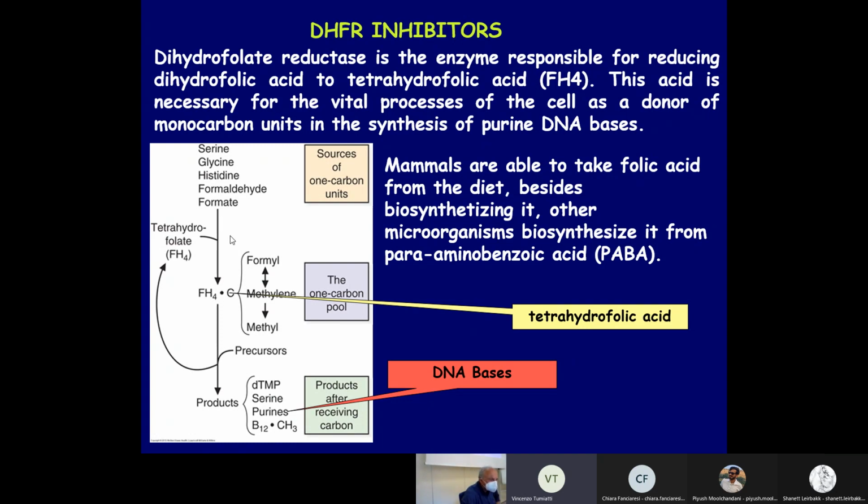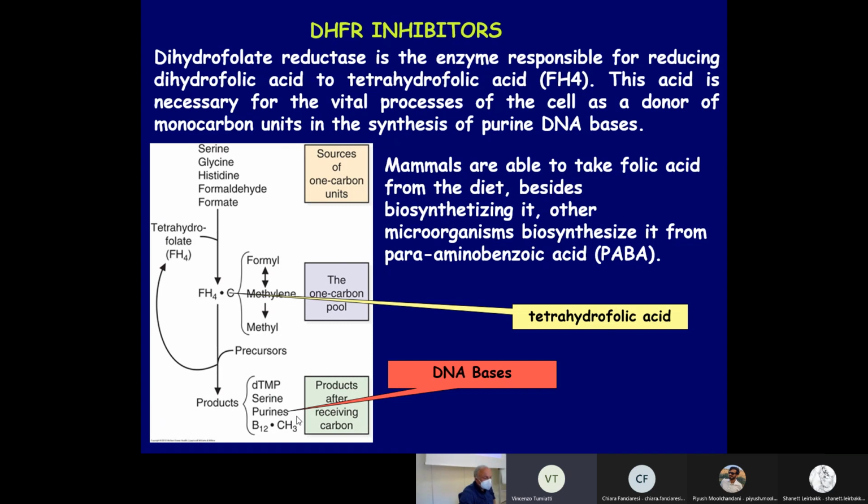You see here where tetrahydrofolic acid is important: this compound is a donor of a carbon unit, and so it is able to take from the sources, serine, glycine, histidine, and other compounds, the carbon unit and to transport this carbon unit to the products.